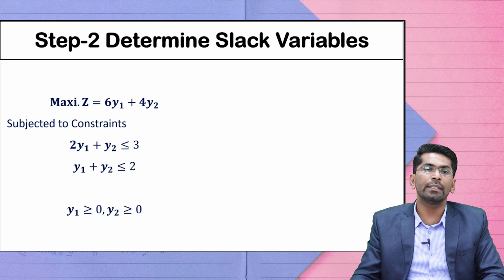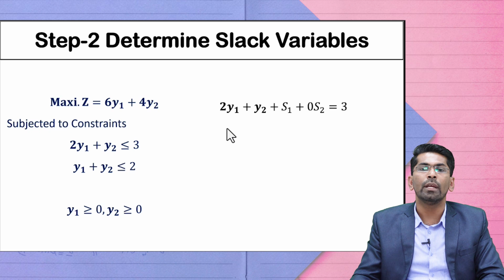So in our example, this is our original dual problem which we formulated here. The first constraint, by introducing the slack variables, becomes 2y1 plus y2, then the slack variables s1 and s2, because we have two constraints, so we have two slack variables as well.